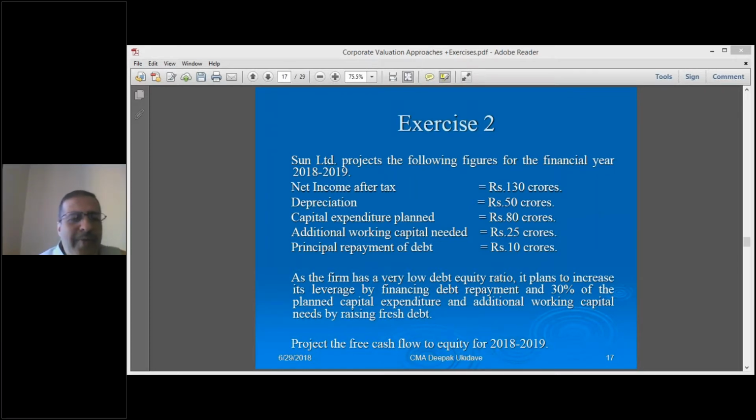Sumadura is writing 106.5. Is this the amount of fresh debt raised? Sumadura, is this the final answer or is this the amount of debt raised? Is this the fresh debt raised or is it FCFE? You have to work out FCFE. Achha, final answer 106.5.